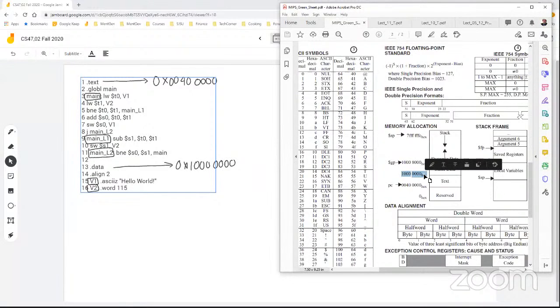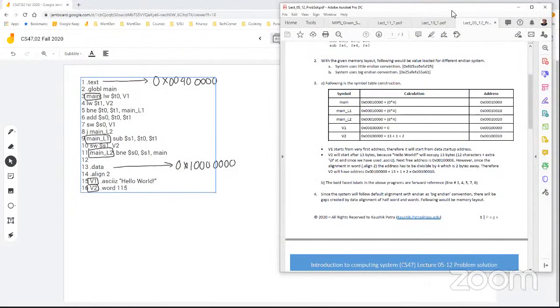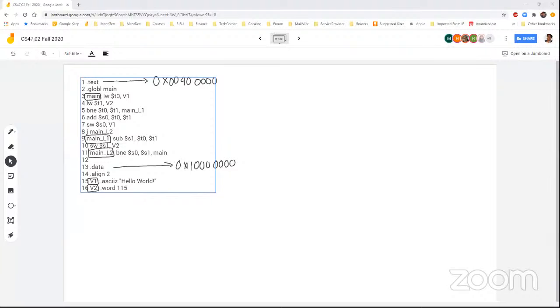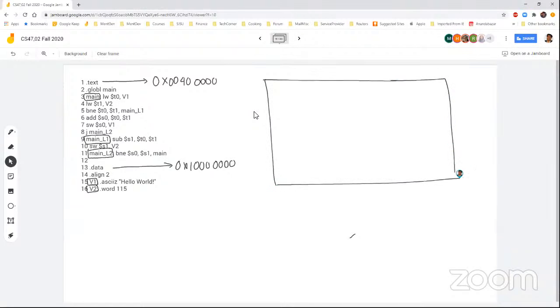Now, as far as the symbol table is concerned, we have a total of 5 symbols to compute. Each symbol entry has a name and an address.